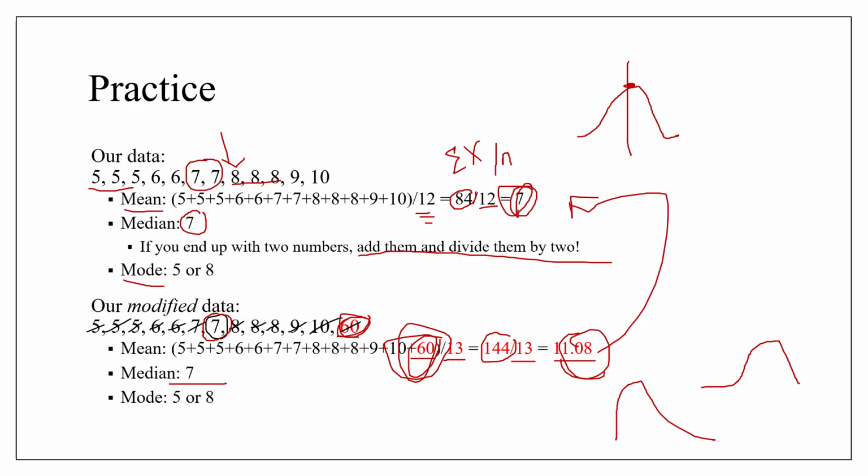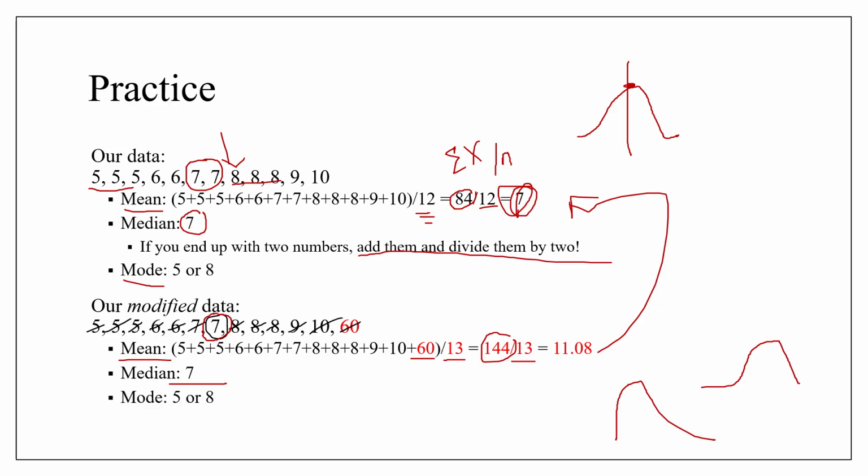So when it comes to using the mean, when we have an extreme score like 60 here, we no longer have a mean that is descriptive of a typical score. This mean is no longer as accurate as it could have been if we had not had the presence of an extreme score.